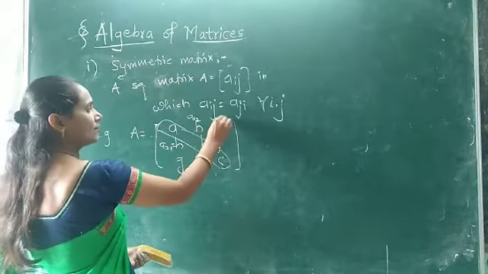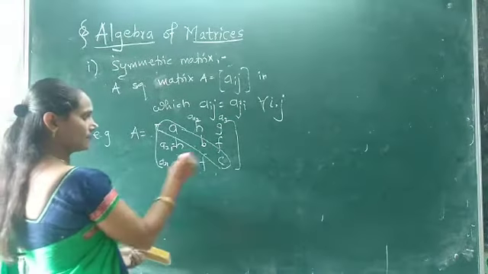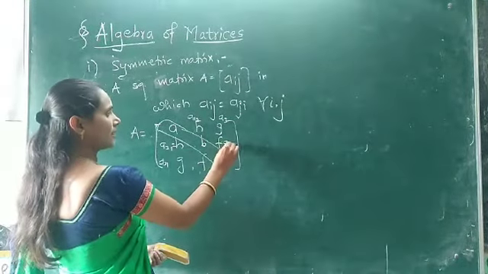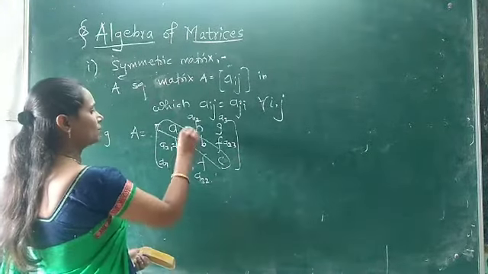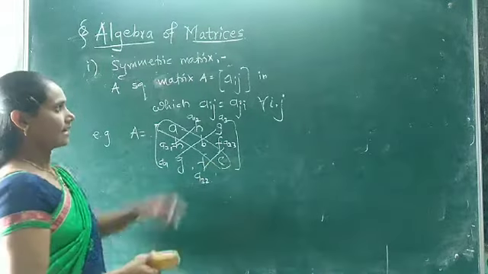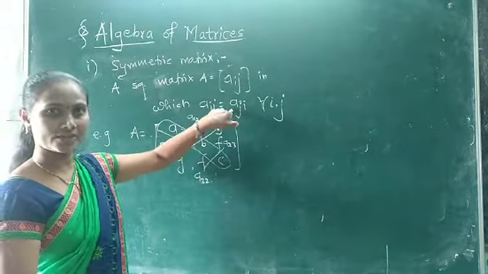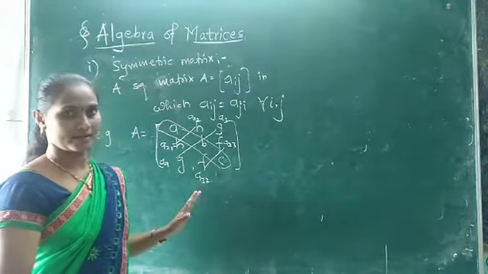This is the value of A13, again this is the value of A31. This is the value of A23, and this is the value of A32. The corresponding values are the same, that is Aij is equal to Aji. These matrices are called symmetric matrices.